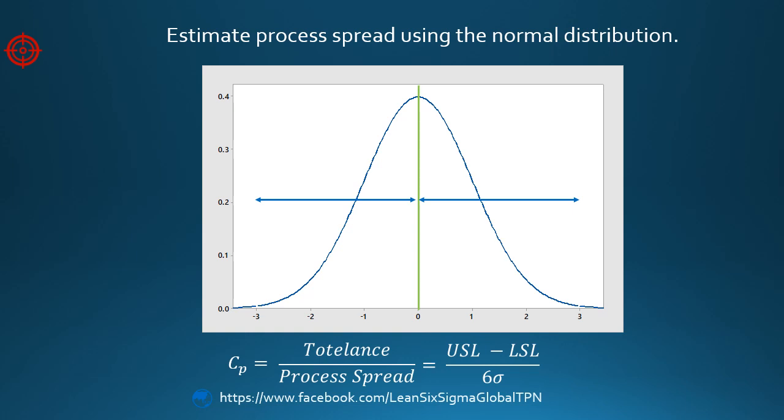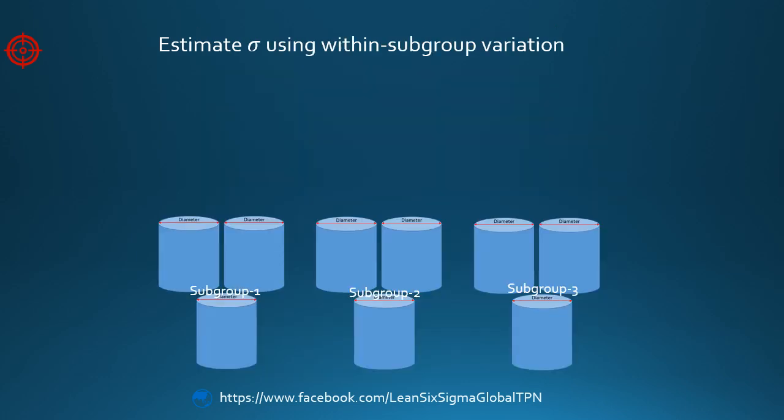So how do we estimate sigma? This is where the in-control assumption comes in. When we collected part diameter data, we collected parts in rational subgroups.